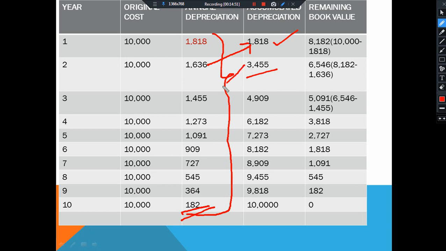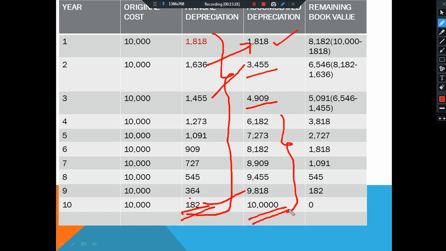Then 3455 will be added to 1455 and giving you 4909. Okay, similarly, all these accumulated depreciation we have got. In the last, 9818 added to 182, giving you 10,000. Okay, and that was our accumulated depreciation.